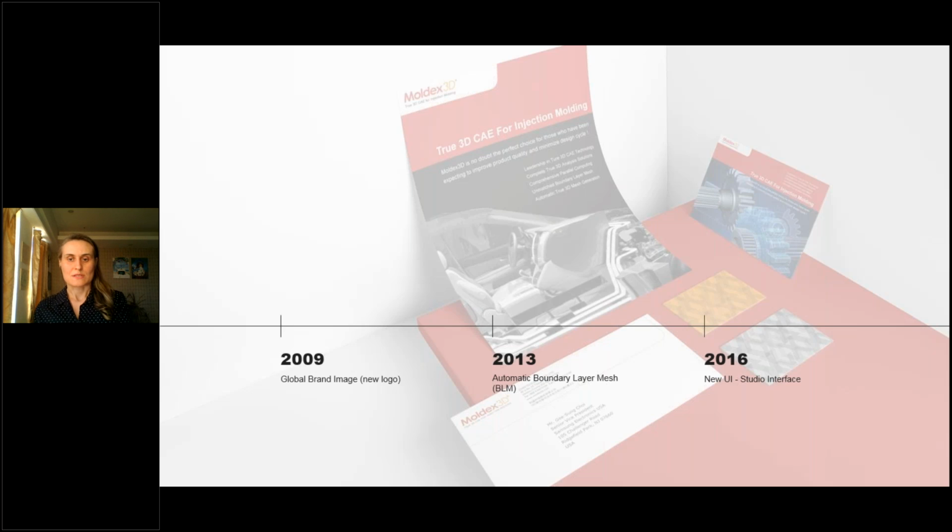Later on in 2016, we have a new, beautiful and shiny interface for our software. It is called the Studio interface, Moldex3D Studio, with ribbon style, with very quick rendering of the results, and with the possibility to compare up to 4 projects, 4 runs of 4 different results.